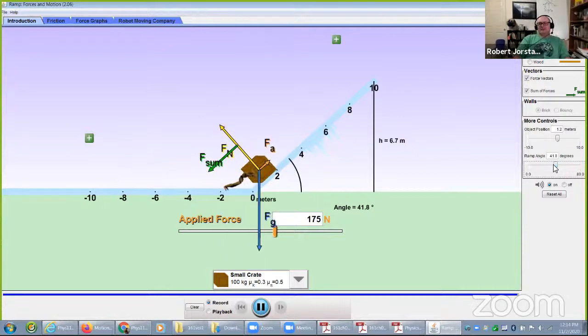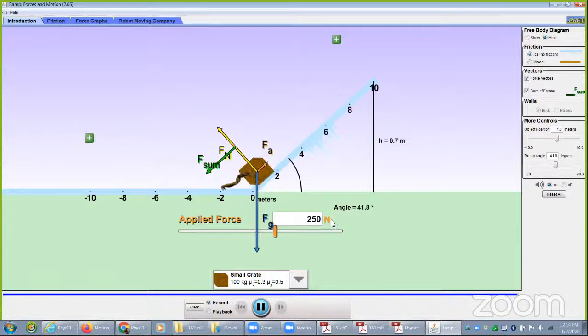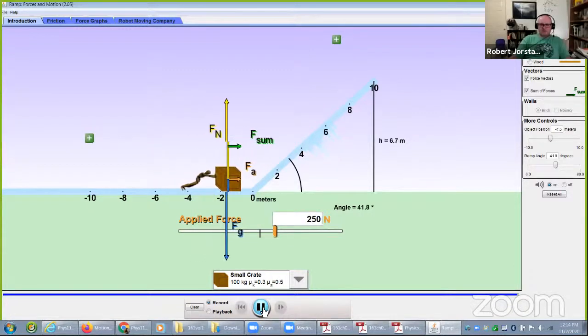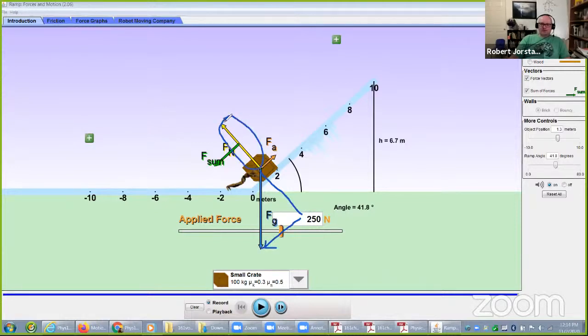The idea here is, let me make this 250. Let me do one more. Hold on. Okay, at this moment, the idea here is the weight force never changes, but the component does. So what does the ramp do? The normal force up here is opposing this portion of the weight force.